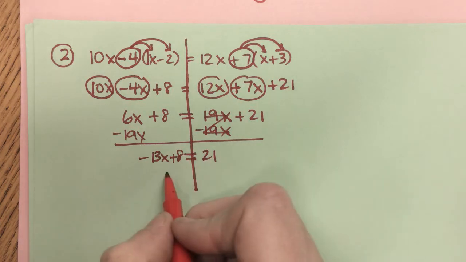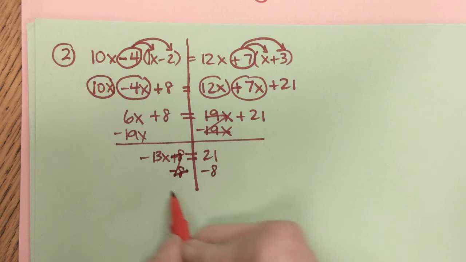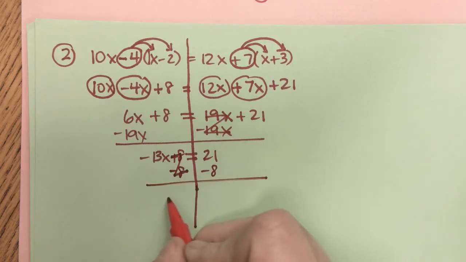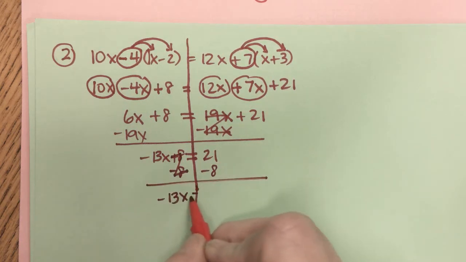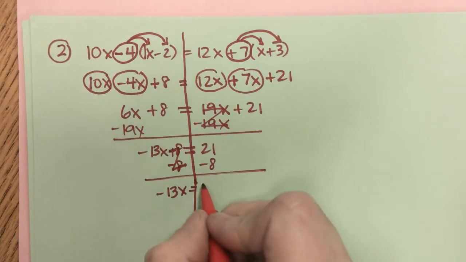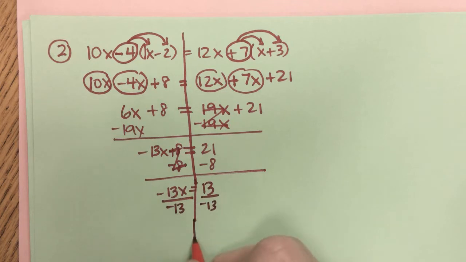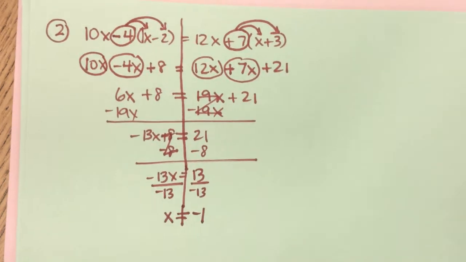If you don't see a sign, it's assumed. Now I want to get the 8's over there, so I'm going to subtract 8 from both sides so I can zero this out. And I have negative 13x equals 13. That's worked out nicely. Divide both sides by negative 13, and I get x equals negative 1. Okay, so that's my answer.